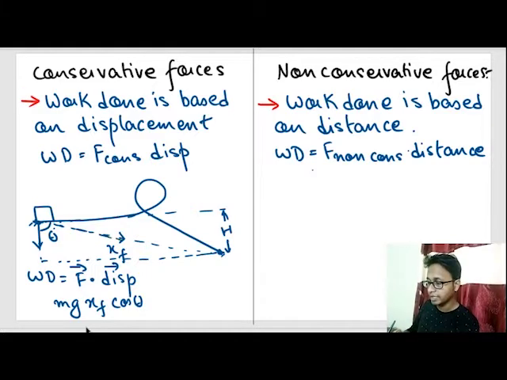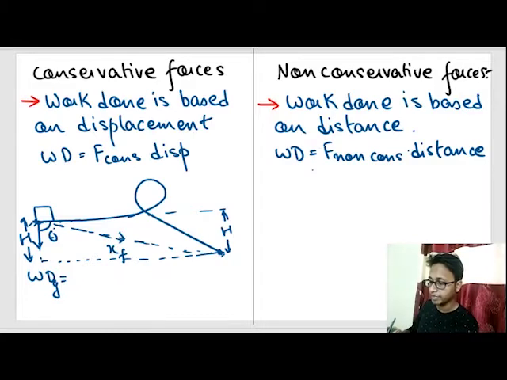If this length is xf, what is xf, or displacement, into cos theta? Displacement into cos theta is nothing but h, the height h. So the work done by gravity comes down as mgh. This is how we get mgh.